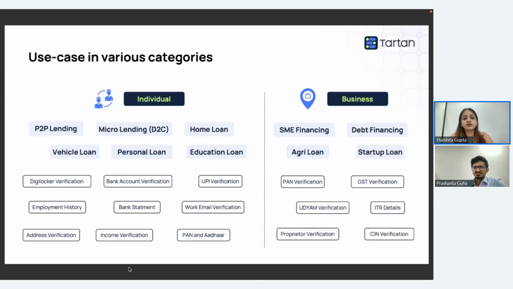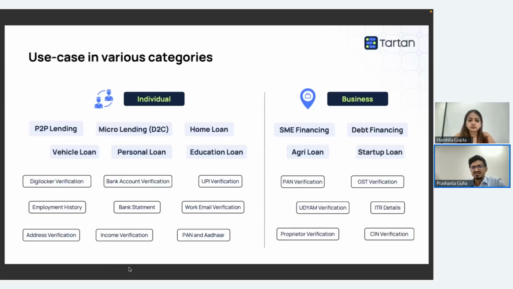So in the whole process, at the start, you generally ask the user for a number of different parameters, say your ID details, your address, then your income details. You can automate a lot of these by asking just the user's phone number and PAN number, and we can fetch a lot of different details like address and other things directly.